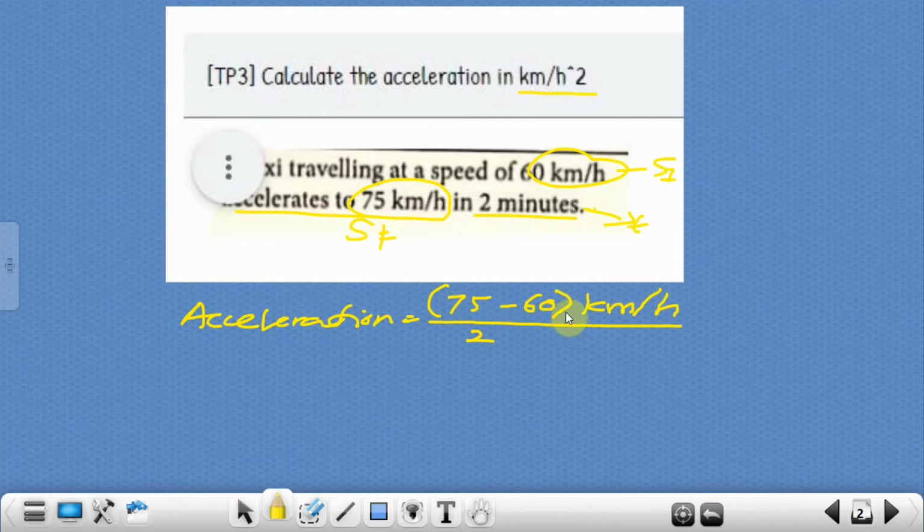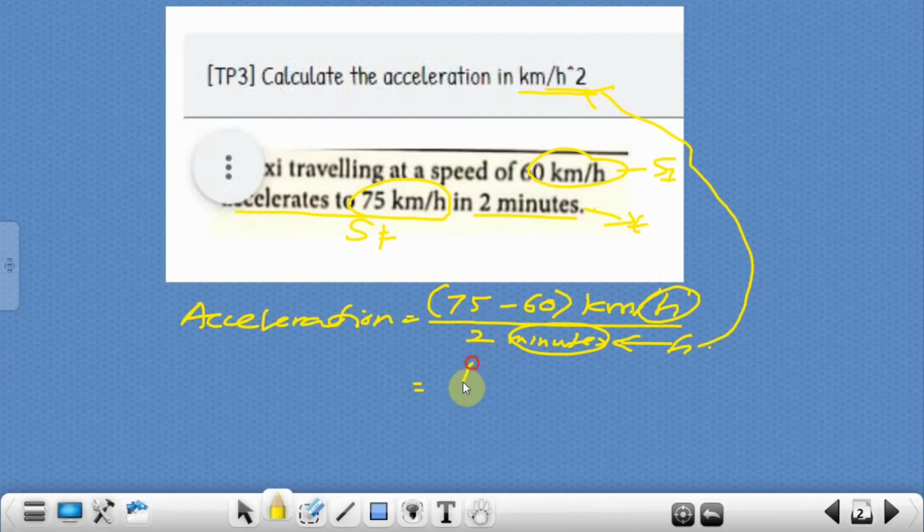But we cannot divide these two values with different units. This is minute, you cannot divide it just like that. What you must do is change this to hour, also because our answer needs to be in per hour square. So 75 minus 60 is 15 kilometer per hour.